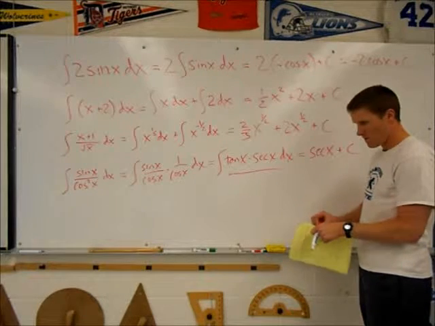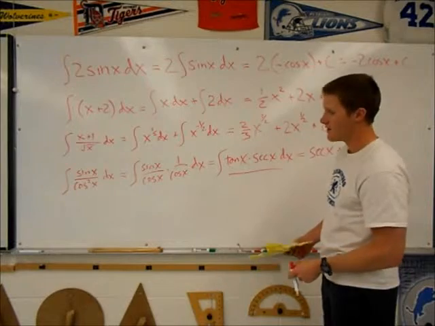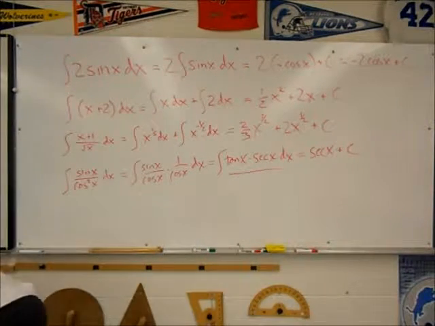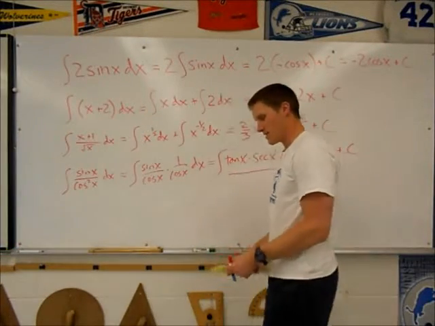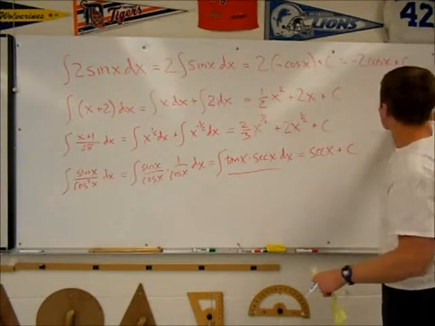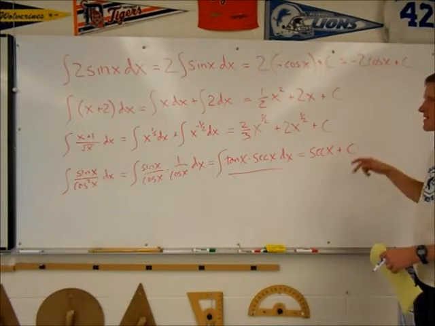Alright, so first objective was to find antiderivatives that follow directly from derivatives of basic functions. So that's what we've done so far. And we've been working with the general. General has the plus c.